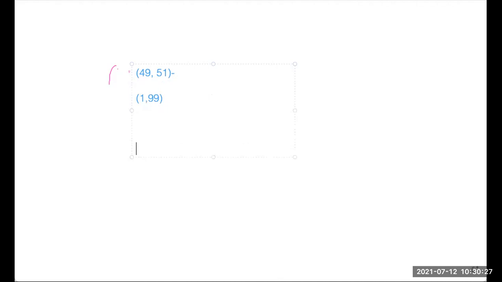Let's say there are numbers X, Y, Z, and so on. So the mean should be x plus y plus z and so on, divided by the number of data.